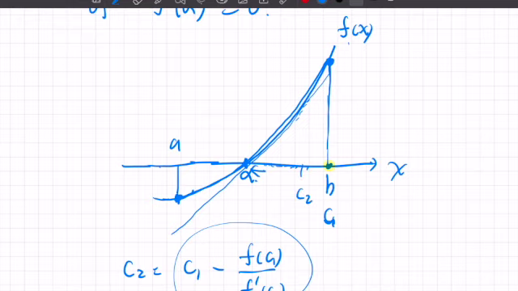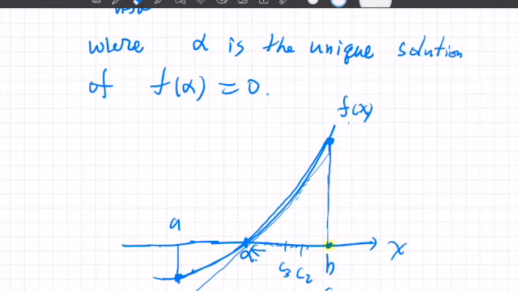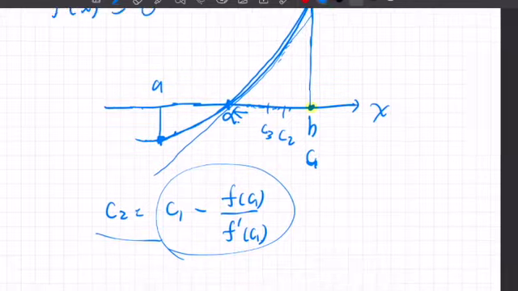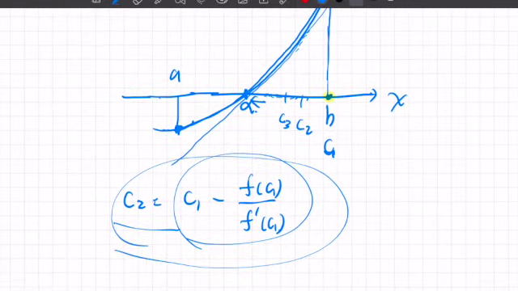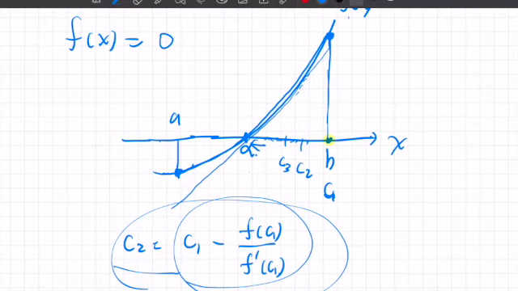C2 is determined by this, and C3 is determined by this, and so on. So this is Newton's method. In this way, we can solve this equation f of x, where f is some nonlinear function satisfying all these conditions. We apply this Newton's method, and we approximate the solution step by step until we reach some convergent value.